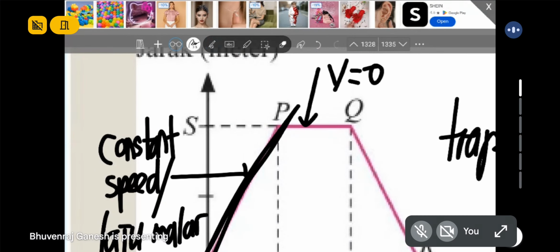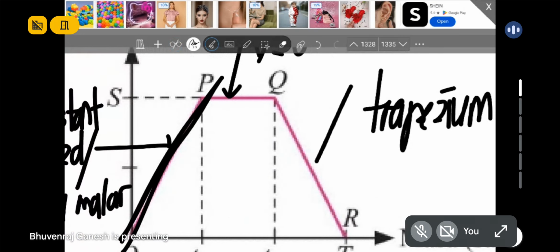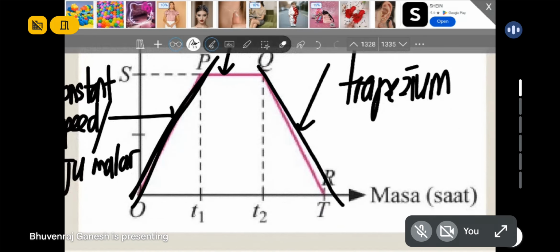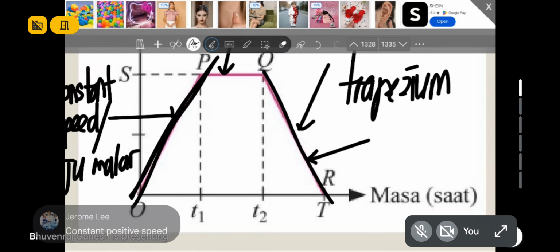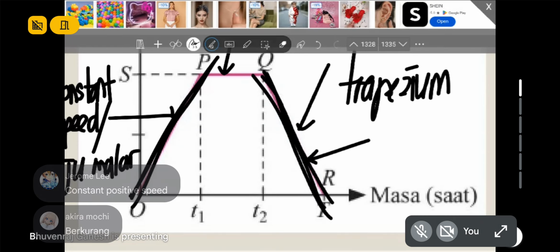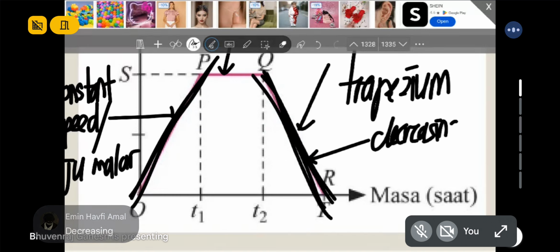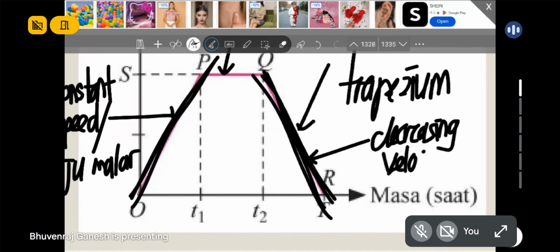Now the interesting part is here, guys. QR is going down, you know. Your distance is going down. What is happening to the speed here? The speed is decreasing uniformly.